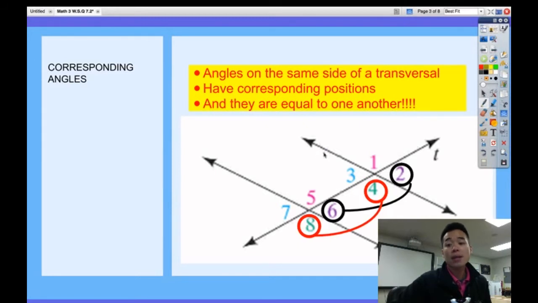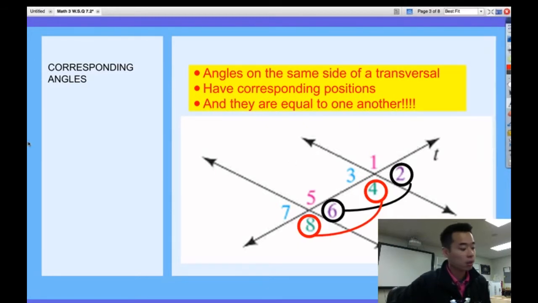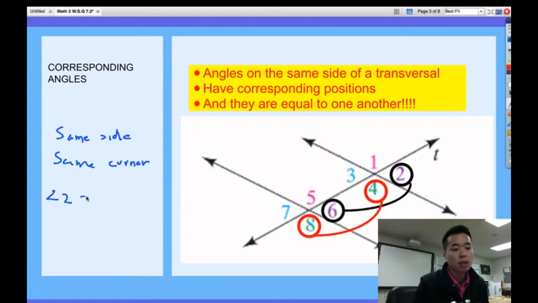And they're always congruent to one another, or in other words, they're equal. So corresponding angles: same side, same corner. So angle 2 is equal to angle 6.